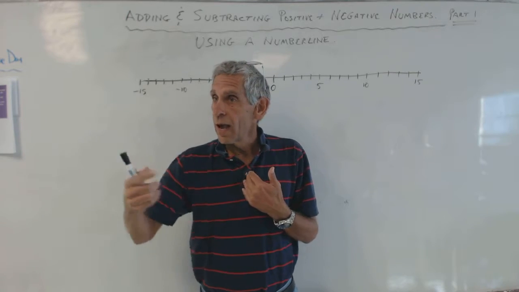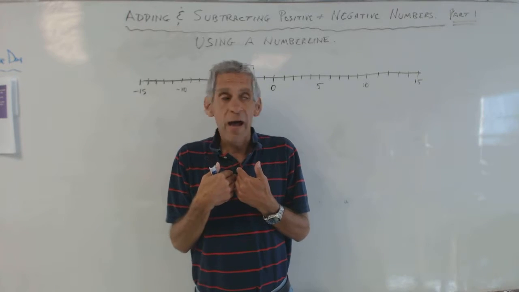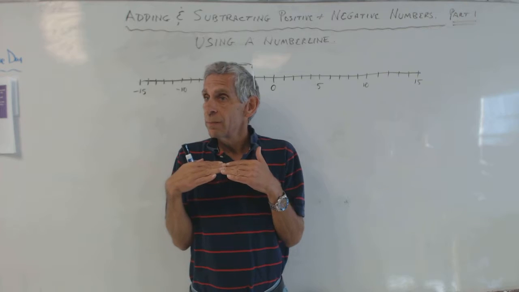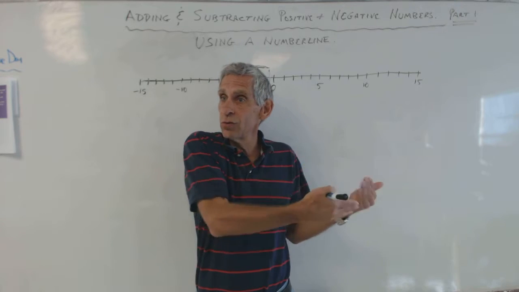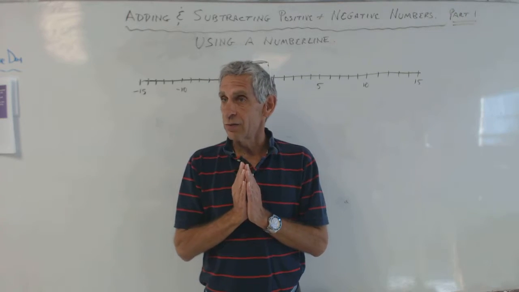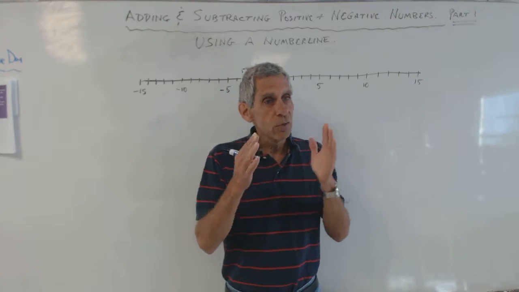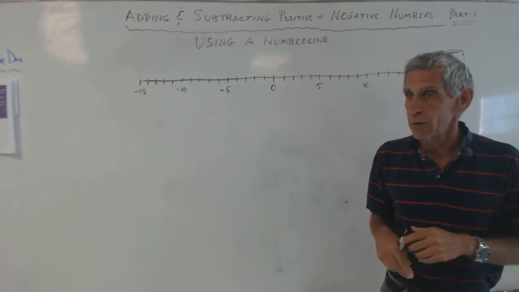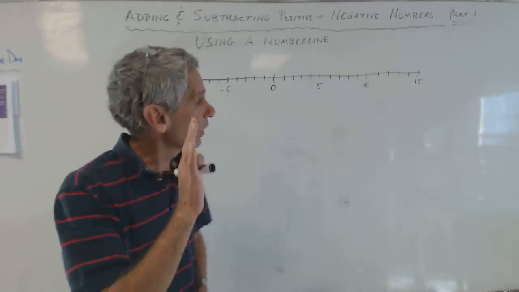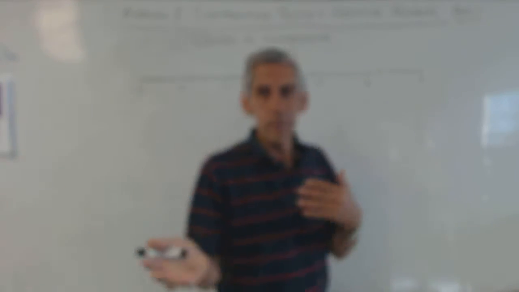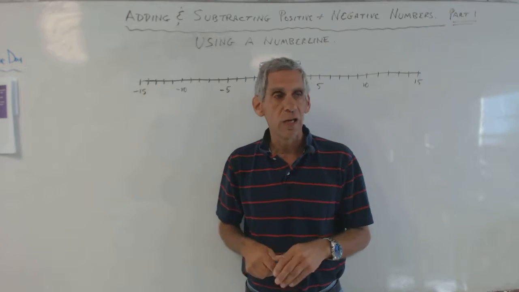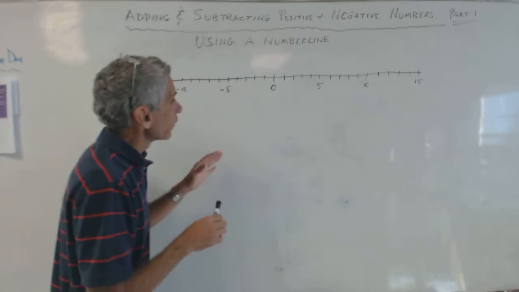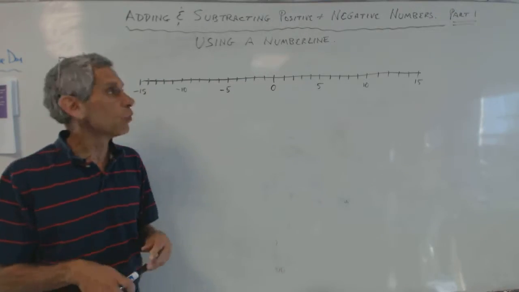I'm not even at 0 because I have to pay back those $2 before I'm at 0. Does that make sense? So with money, this kind of topic is really radically important. We'll talk more about money as time goes on, but for now, we just have to understand how this all works.